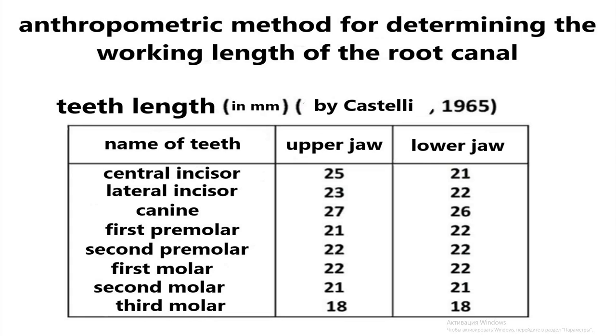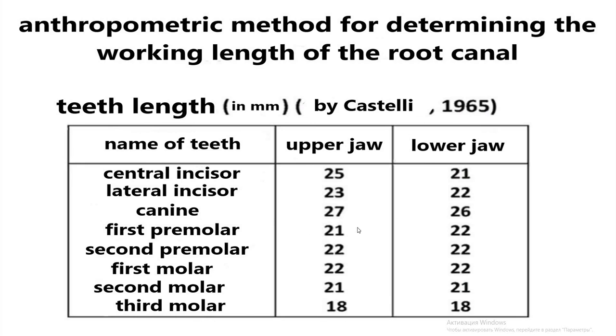Anthropometric method for determining the working length of the root canal. This length in millimeters by Castelli, 1965. Central incisor: upper jaw 25, lower jaw 21. Lateral incisor: upper jaw 23, lower jaw 22. Canine: upper jaw 27, lower jaw 26.